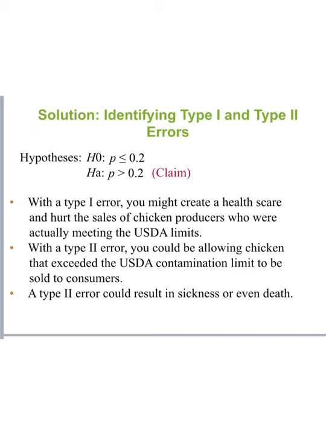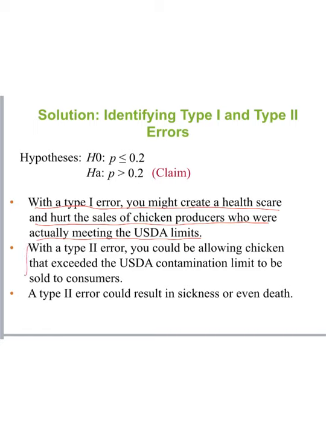So with a type 1 error, you might create a health scare and hurt the sale of chicken from producers who were actually meeting the USDA limits.